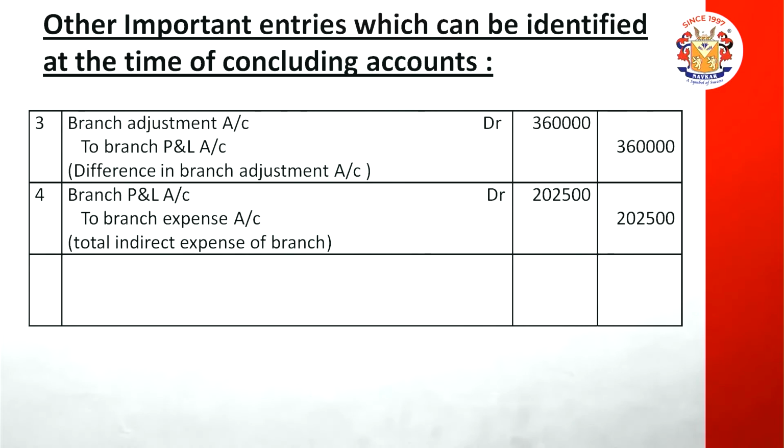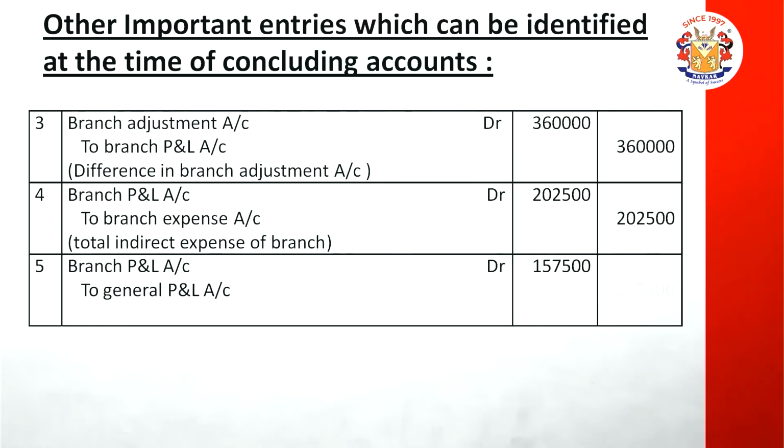At the time of concluding branch expense account, you will get the difference, which is nothing but 202500, and this difference will be transferred to branch profit and loss account. Journal entry will be branch P&L account debit 202500 to branch expense account 202500.